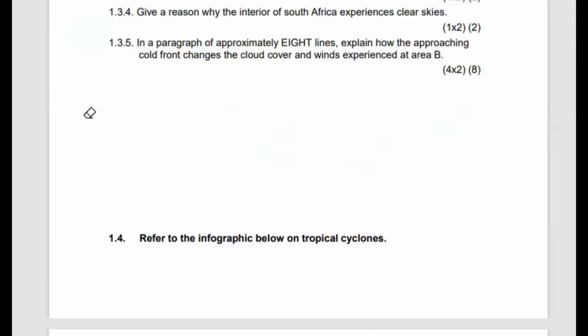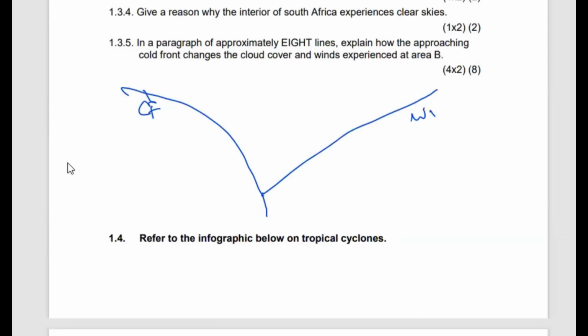At the warm front, let me try to draw a cross section of the weather system. Right. What will happen is the system will be like this, and we are having this. This is the cold front, and this is the warm front. And this is our ground surface, and our west and our east.